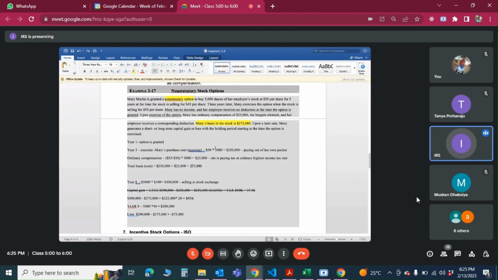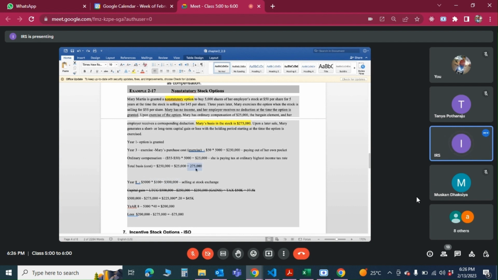Tomorrow, in year 8, if she sells at $100 per stock, she's selling the entire stock at $500,000, and her cost is still 275.